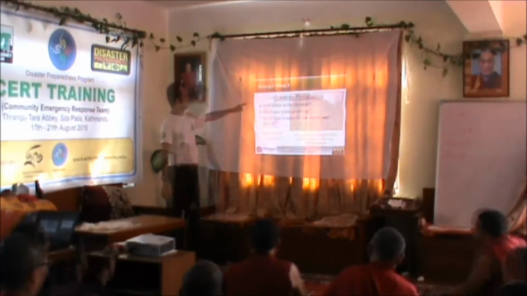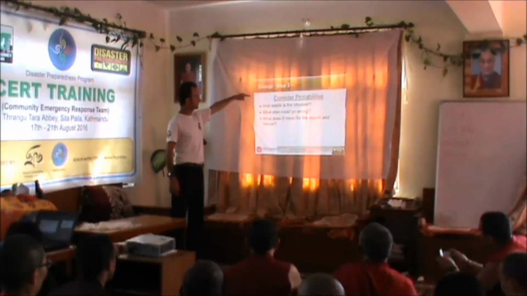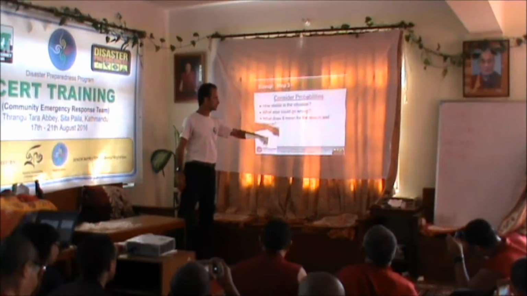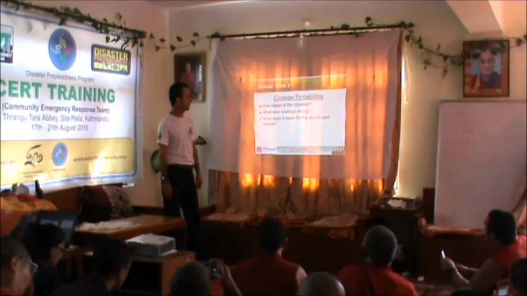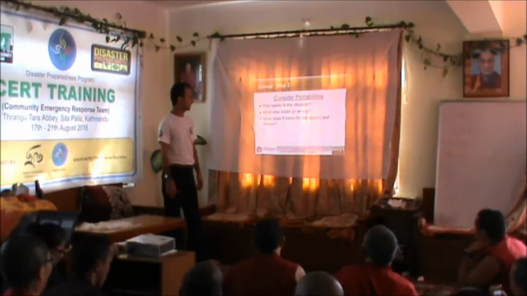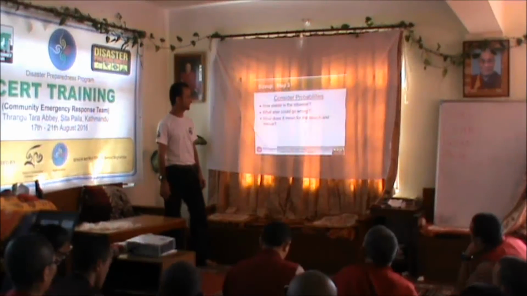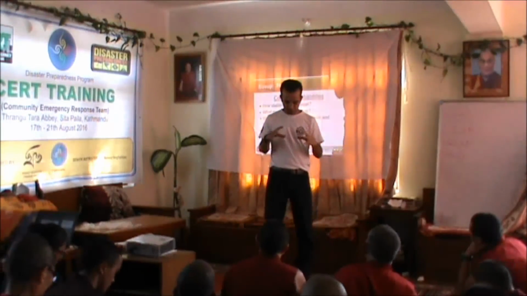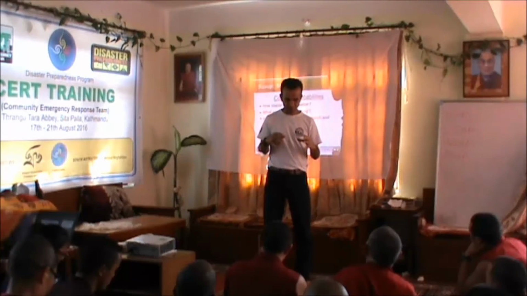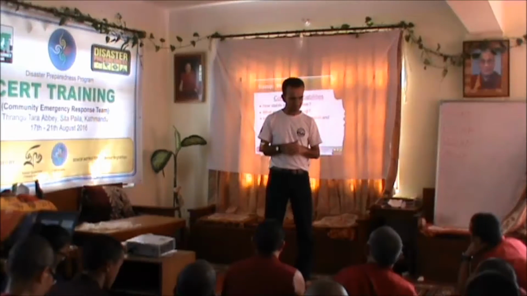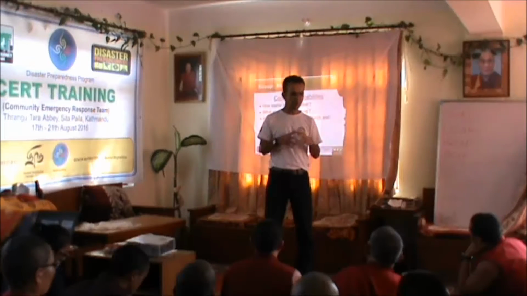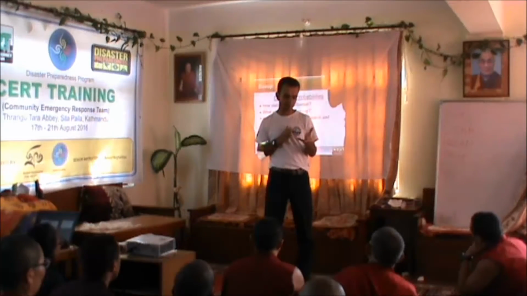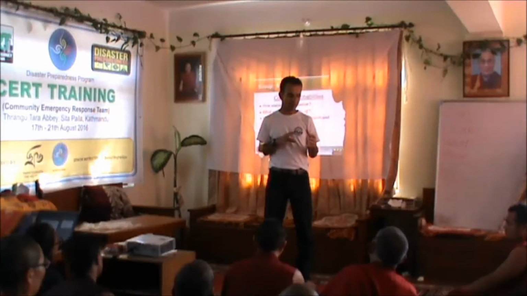Okay? Step 3 of size up. Consider probabilities. How stable is this situation? What else could go wrong? What does it mean for the search and rescue? When we have a disaster, for example a collapsed building, there are many probabilities about the danger, maybe you go wrong, maybe you must change the plan.